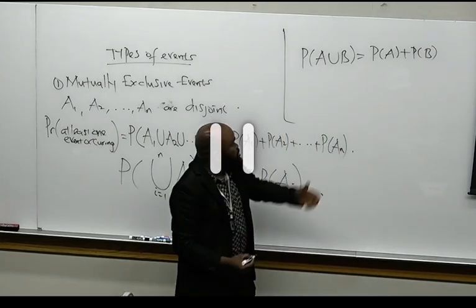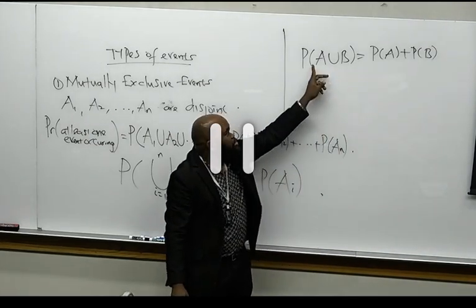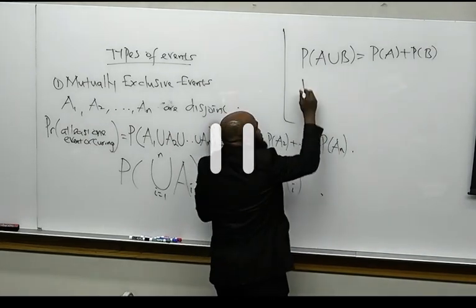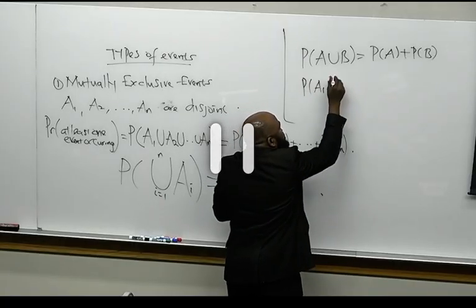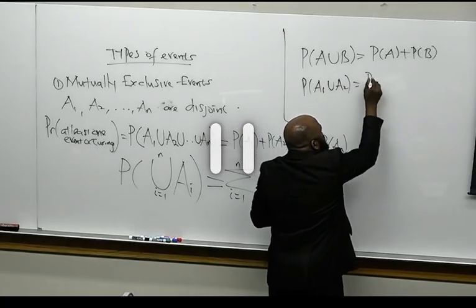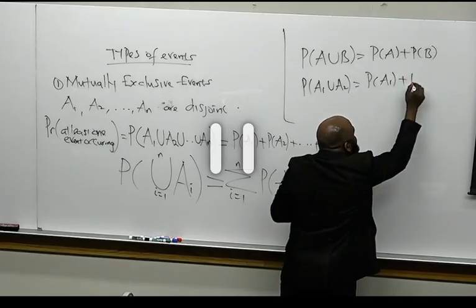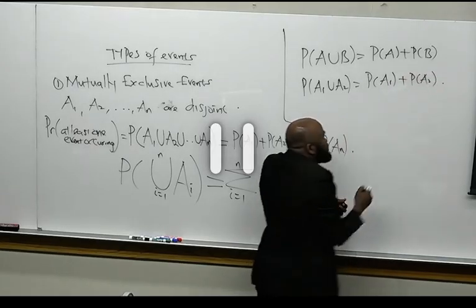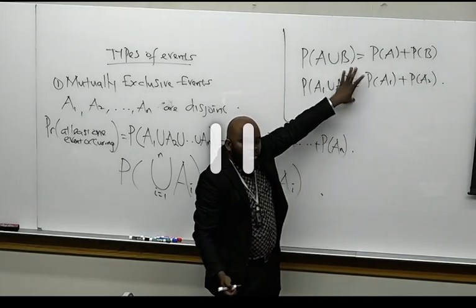This is when you have two events. I can use A and B, I can use A1, A2, that's no problem. Please pay attention. Now, this still falls under the earlier case.